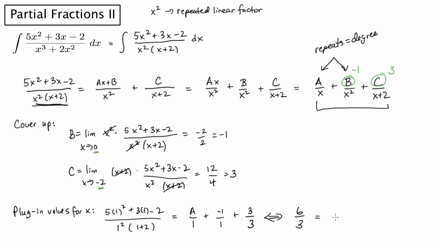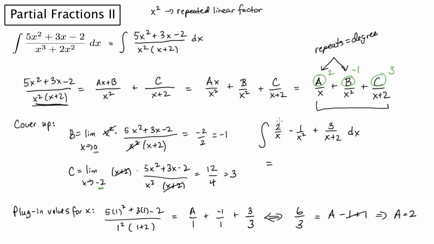So 6 over 3 is equal to, the right hand side here is a minus 1 plus 1. Well, those obviously cancel, and so that says a is 6 over 3, or a is 2. So knowing that a is 2 completes our decomposition. I have all 3 coefficients determined, which means if I return back to my original integral, this is now the integral of 2 over x minus 1 over x squared plus 3 over x plus 2.